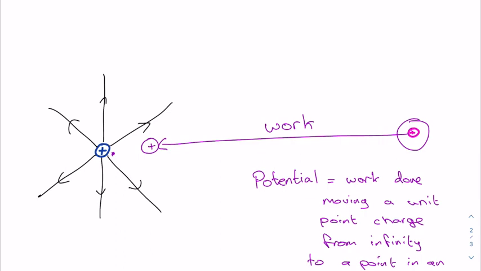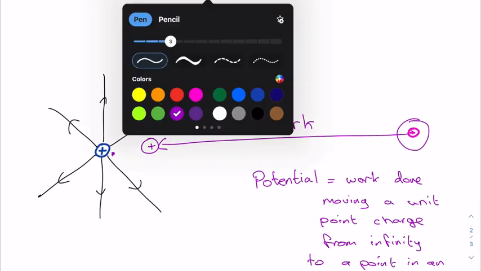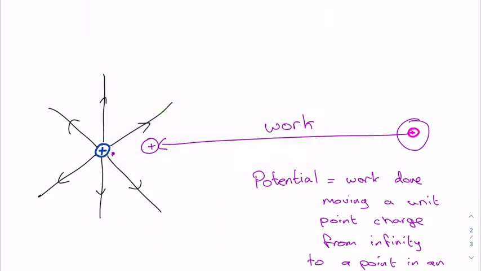So now imagine that you're going to move another charge, in exactly the same way a point unit charge, from the same place at infinity all the way to a slightly different place in the field. There. That's going to take a different amount of work because you're moving it to a different place.